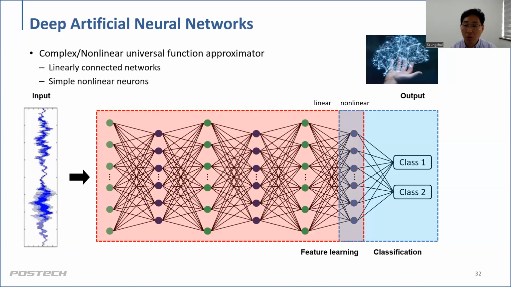And if you add more layers, that means this one has a higher capability of learning the right features or right kernels. Since the number of layers is increased and very deep, we call it a deep artificial neural net or deep learnings.